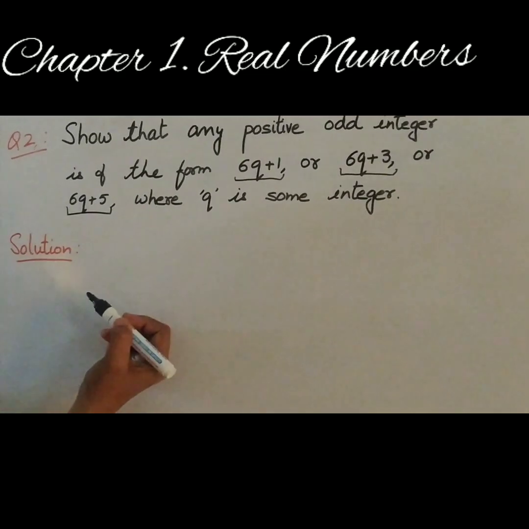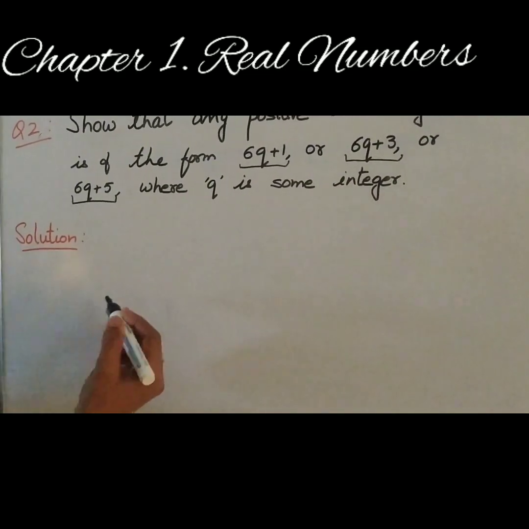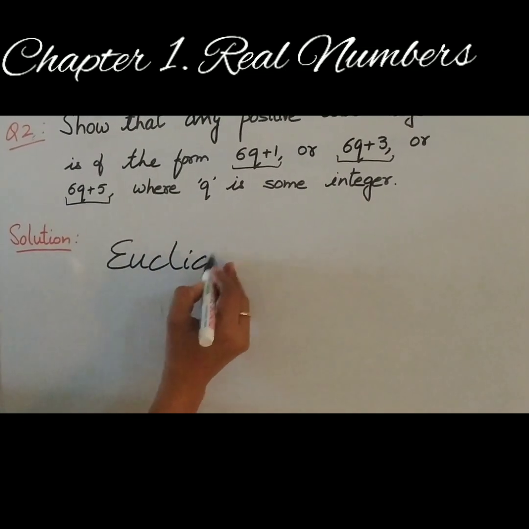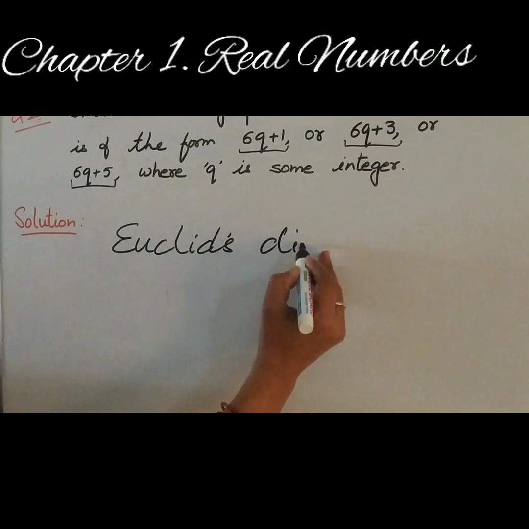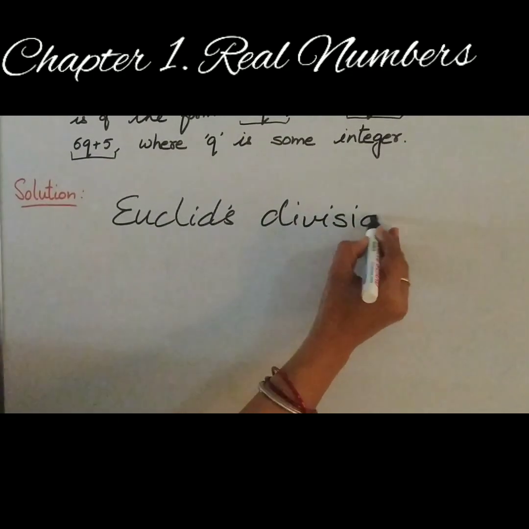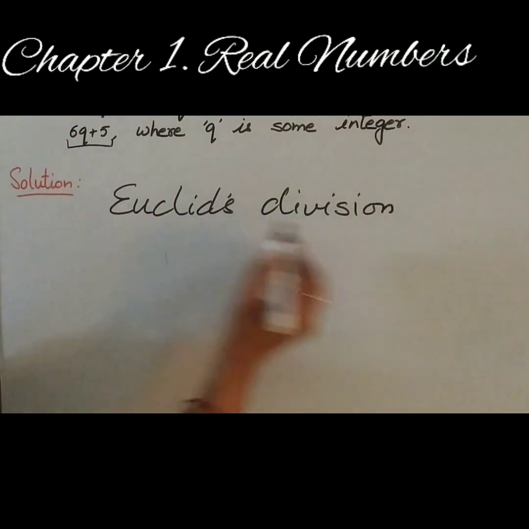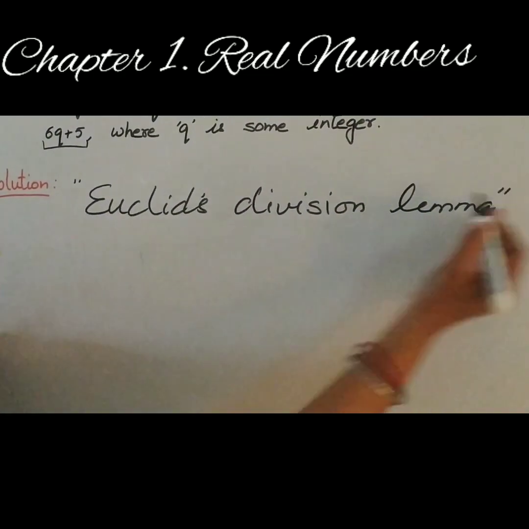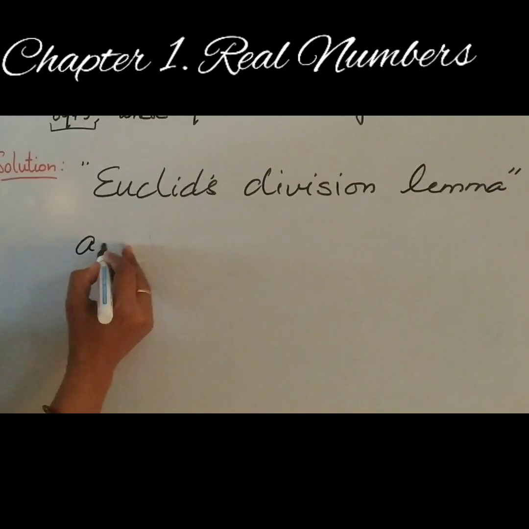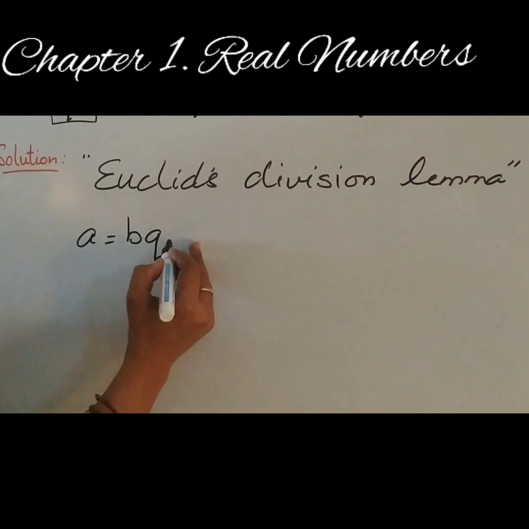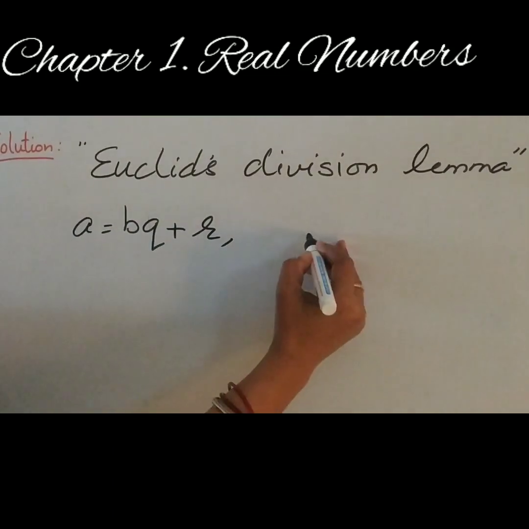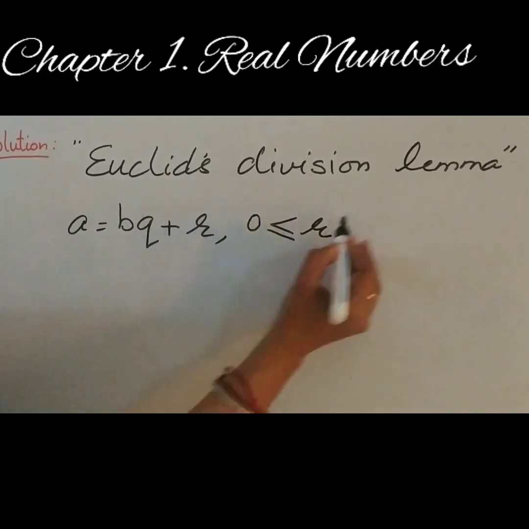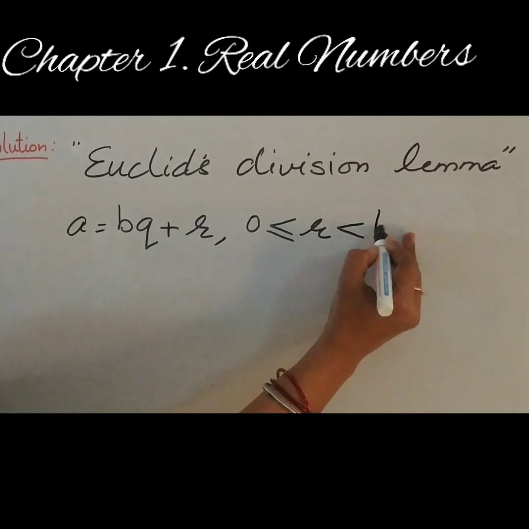6q plus 5. Yesterday you had watched the video regarding Euclid's division lemma, right? So now we are using Euclid's division lemma here, which states that a is equal to bq plus r, where r is greater than or equal to 0 but should always be less than b.